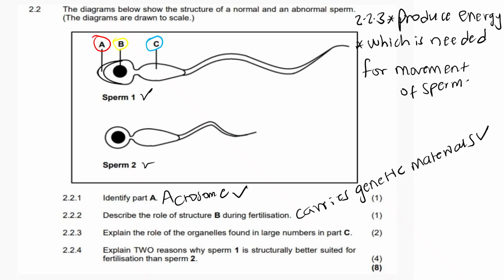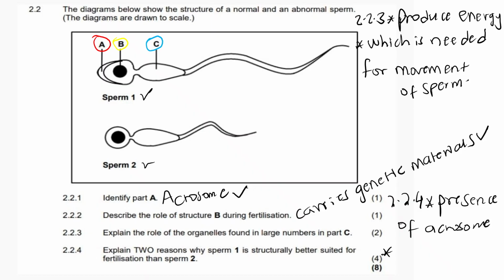2.2.4, explain two reasons why sperm 1 is structurally better suited for fertilization than sperm 2. Sperm 1 is better suited for fertilization than sperm 2 because on sperm 1 there is a presence of an acrosome.